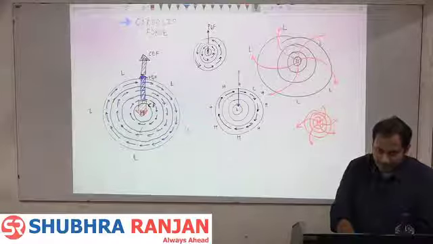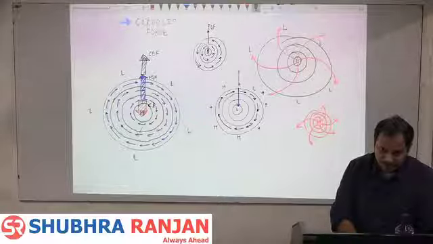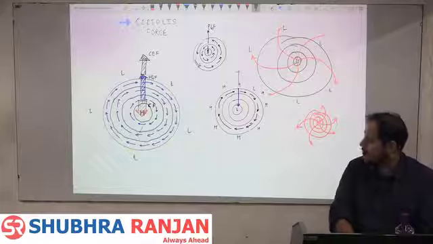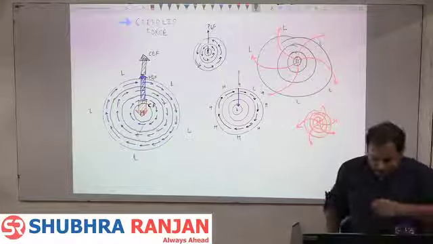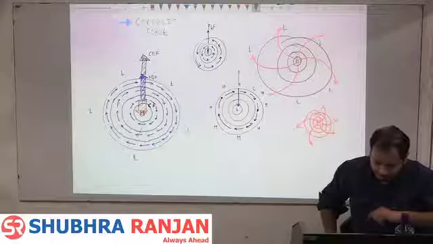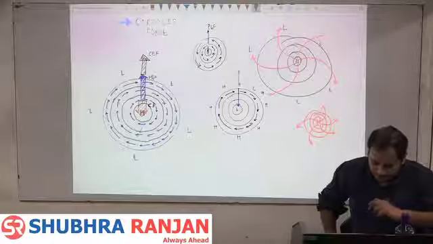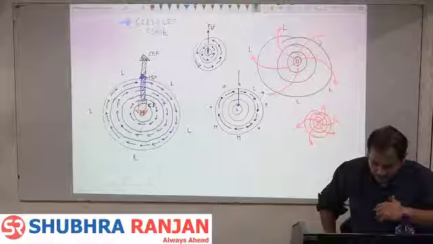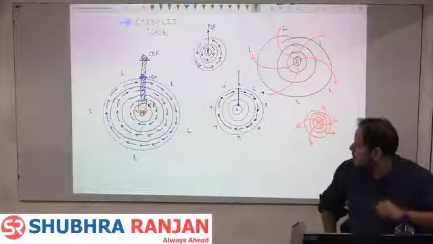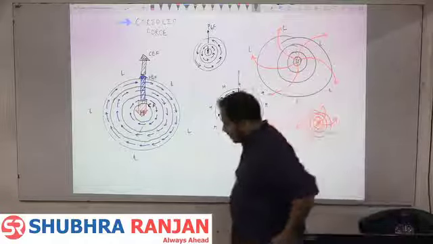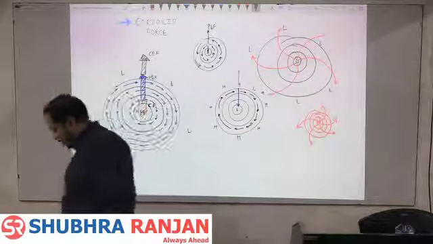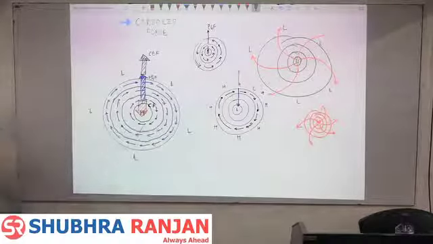And therefore, in the northern hemisphere, the circulation around the anticyclones is clockwise.